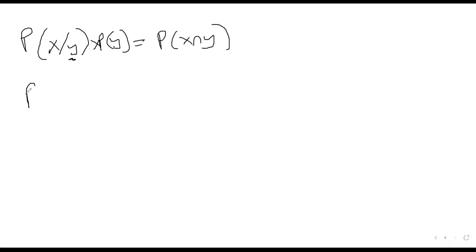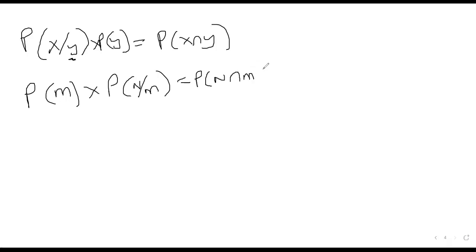So you now tell me, if I have probability of M, what do I multiply it by? N given M. This is the same as that. So the total, if I multiply it, will be the probability of N intersection M. All right. So tell me, what am I going to multiply A by if I'm dealing with two letters to get the intersection of A and B?